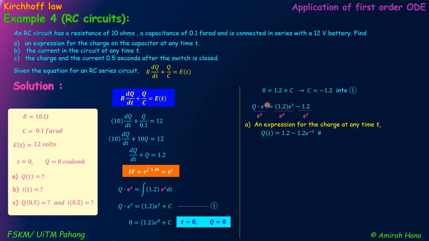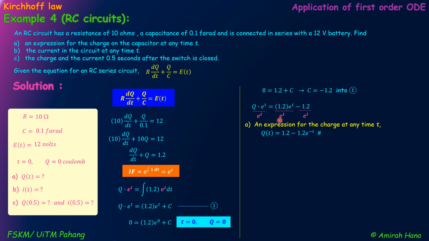After dividing each term by e to the power of t, we can simplify e to the power of t in the numerator and denominator here. So we get Q(t), which means Q in terms of t, which is time, equals 1.2 minus 1.2 over e to the power of t.